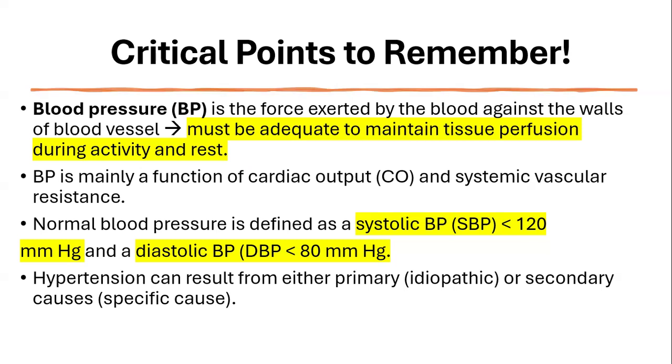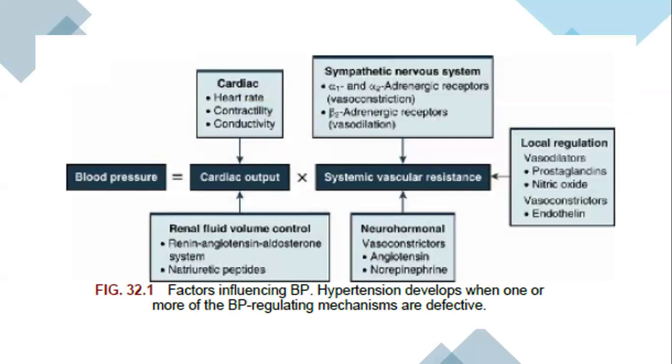Next, we are going to dig more into the factors that may be influencing blood pressure. Blood pressure is determined by two main factors, the cardiac output and systemic vascular resistance. Cardiac output is influenced by the heart rate, contractility, and conductivity, all controlled by the cardiac system.